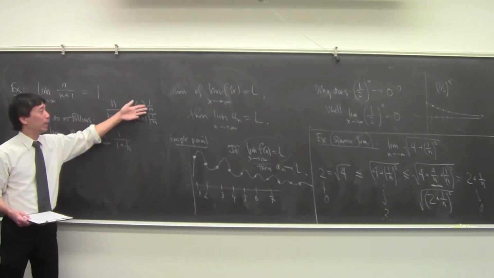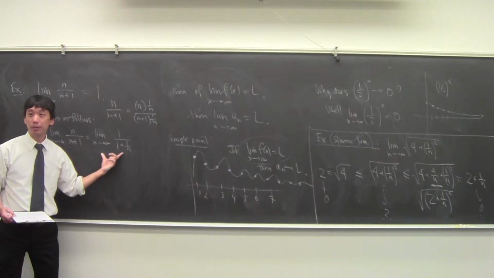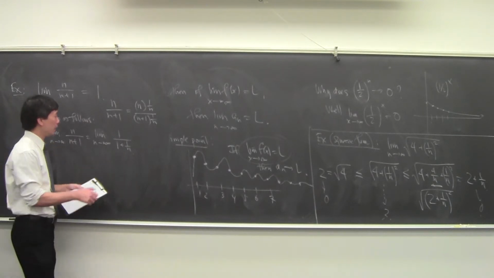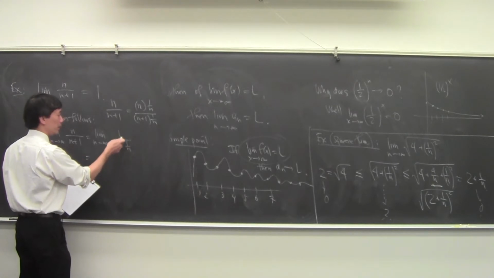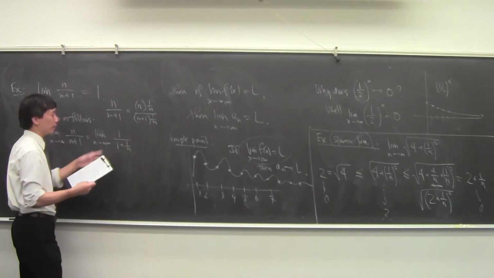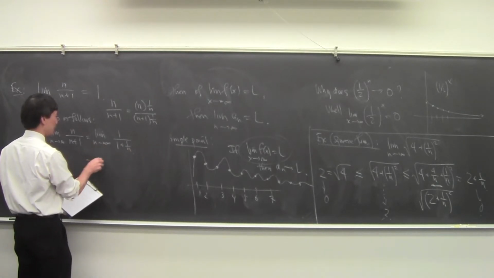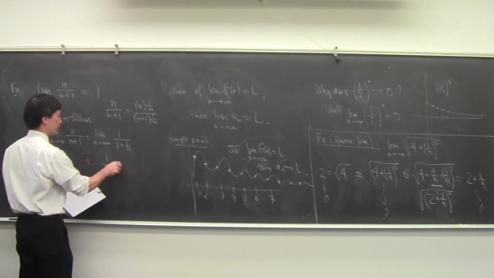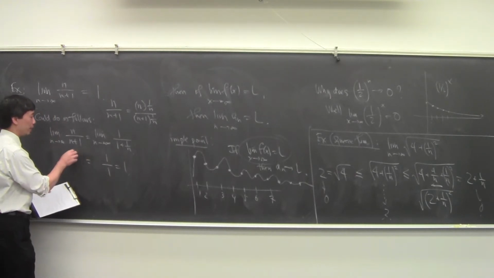So I can say that these are equal. And then I would use my limit arithmetic and say, look, the limit of the top is 1, the limit of the bottom is 1, so the limit of the quotient is going to be 1 over 1, also called 1, by the limits arithmetic.